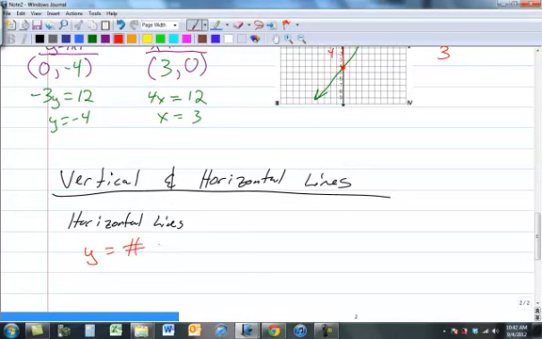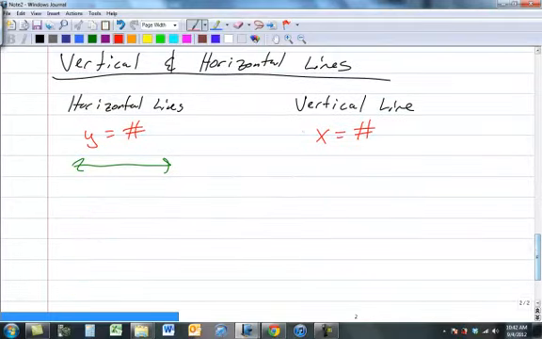If it's y equals some number, it's going to be a horizontal line like this. A vertical line always has the equation x equals some number. If there's only one variable, be it y or x, it's going to be a special line. It's either going to be a horizontal line like this one, or if it's x equals a number, that is going to be a vertical line.